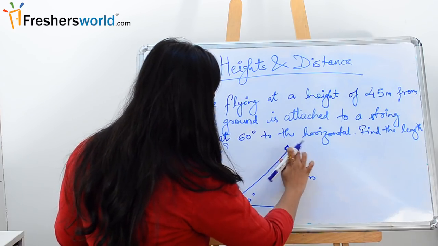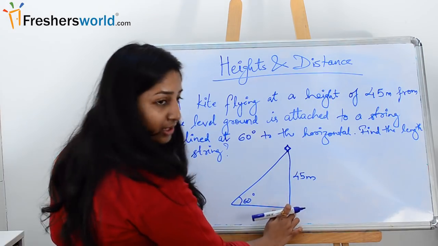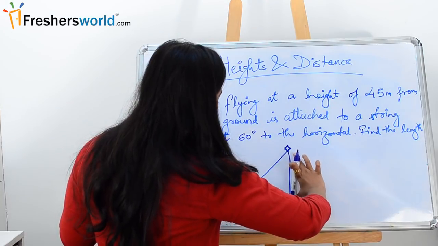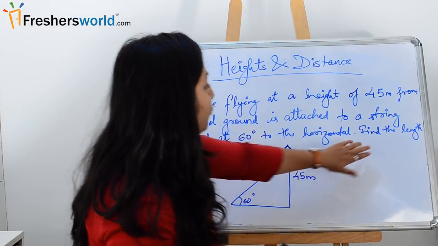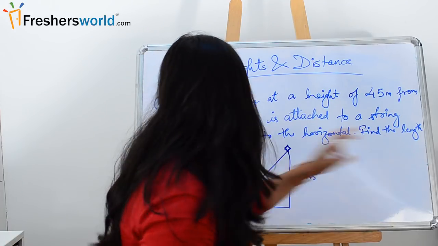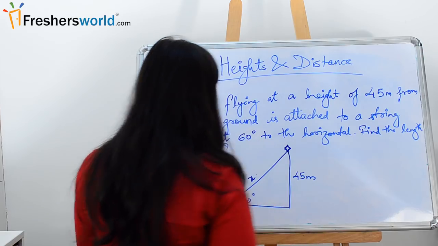So this is the kite, this is the string, and the height from the ground is 45 meter. This is what the question is saying, and it is asking for the length of the string. Let's say length of the string is x.